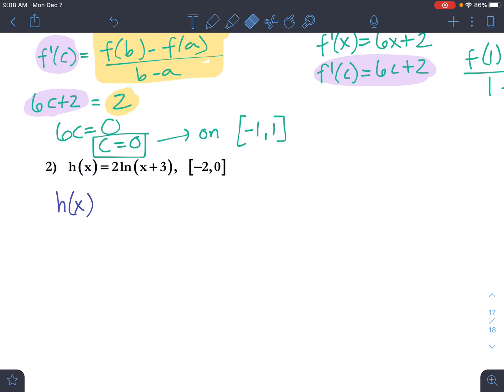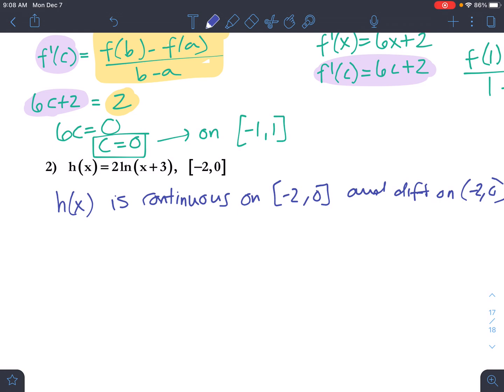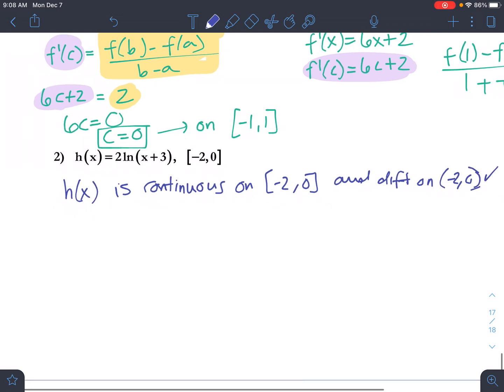So in this case, we checked that h of x is both continuous on -2 to 0, and it's also differentiable on the open interval -2 to 0. So we can use the mean value theorem.